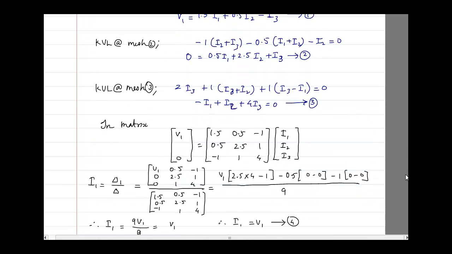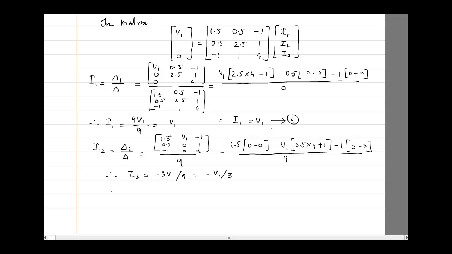First is V2 by V1. What is V1 here? V1, from here, this is the fifth equation. Therefore, I can say V1 is equal to minus 3 times I1. Correct? So first I have to find V2 by V1. This is what I want to find out. So V1 in terms of I1 is already given here.